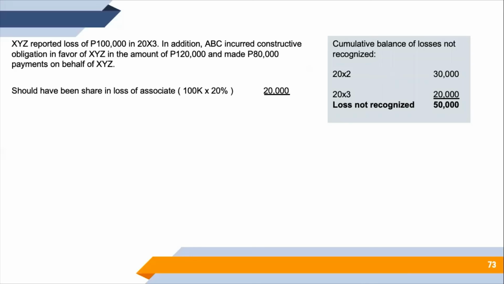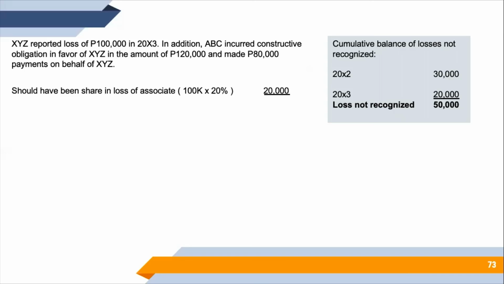So yung cumulative balance ng losses that are not recognized is 50,000: yung 30,000 nung 20X2 at yung 20,000 nung 20X3 for the total of 50,000 loss not recognized.